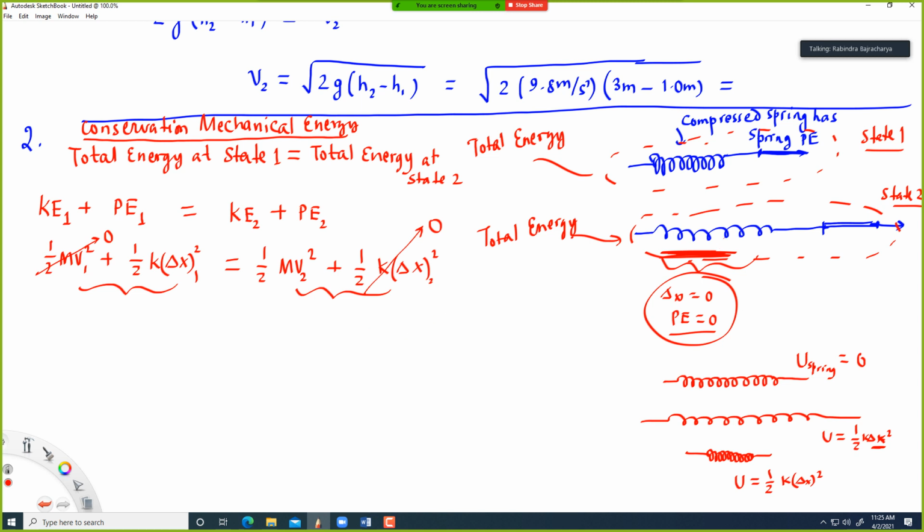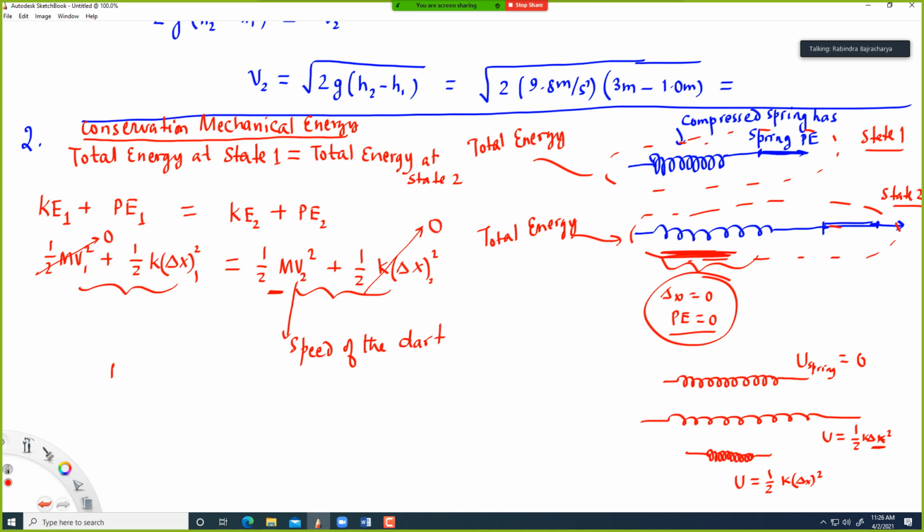So this potential energy would be transferred to the kinetic energy of the dart. So the dart would be moving forward. That's what this is. So what we want to find here is the speed of the dart. Let's do that.